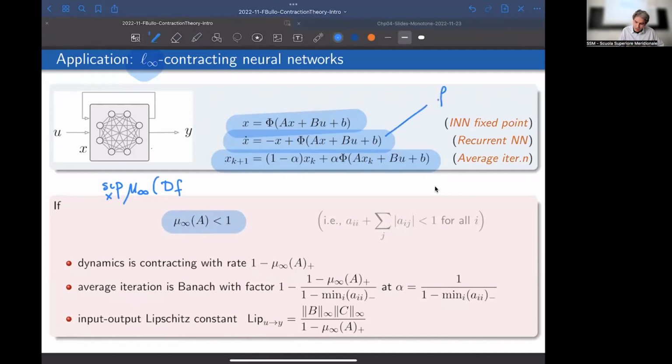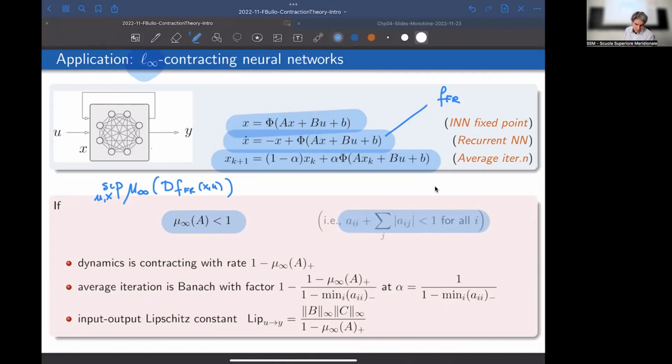This dynamics here is the firing rate model, which depends upon X and U. So therefore, you should even take the supremum with respect to U. All of that, after some careful manipulations, precisely the reason why I use the infinity norm, we were able to show that if the log norm of the matrix is less than 1, then many good things happen. And log norm less than 1 is tantamount to a simple diagonal dominance condition on the matrix. We discussed also the graph theoretical interpretation for that.